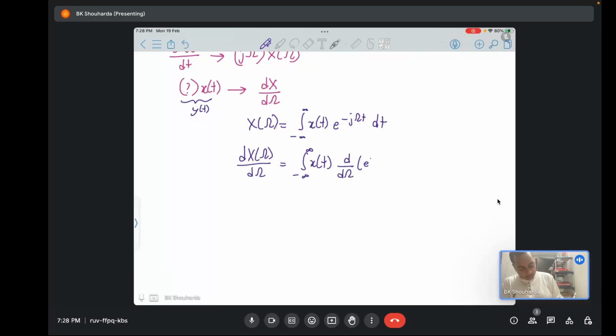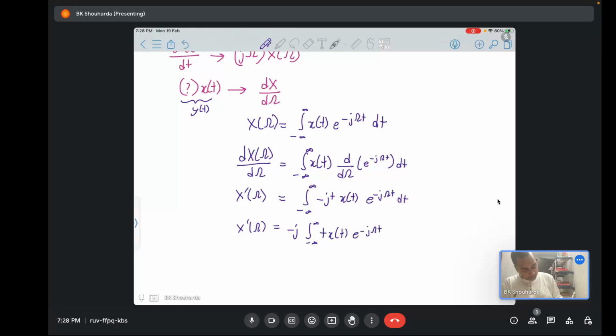So I take this differentiator operator directly inside and I get minus jt outside: minus jt x(t) e to the power minus j omega t dt.